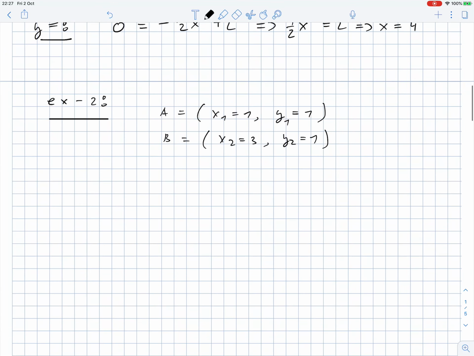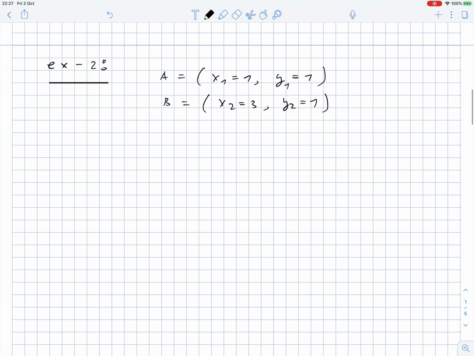Okay, exercise number 2. Again, we have 2 points or coordinates, and we have to find the expression for a linear function.